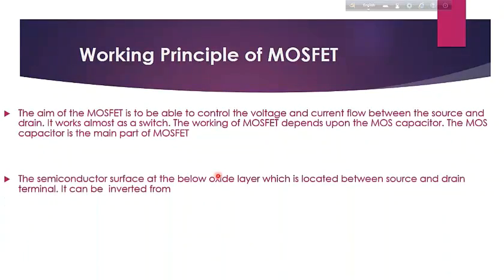The semiconductor surface below the oxide layer, which is located between the source and drain terminal, can be inverted. I will show where the oxide is located.